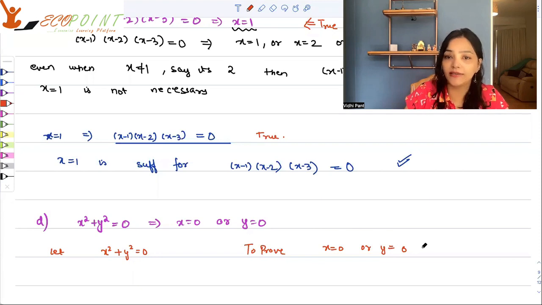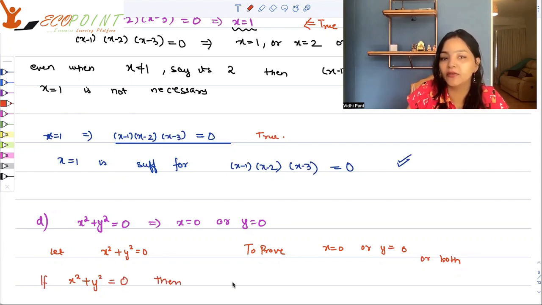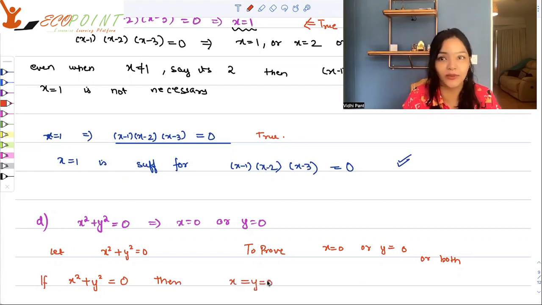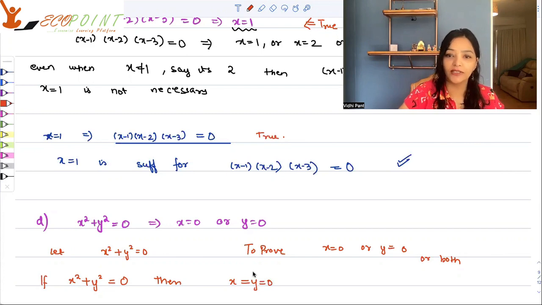In mathematics and in logic, we already know that "or both" is already included here. And guess what is happening here? If x squared plus y squared equals 0, that automatically tells you that x equals y equals 0. Both actually have to be 0. So it's actually both of them being 0, right?